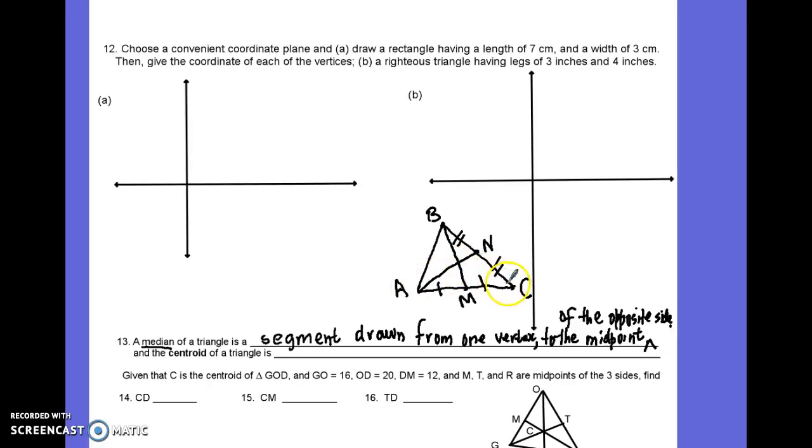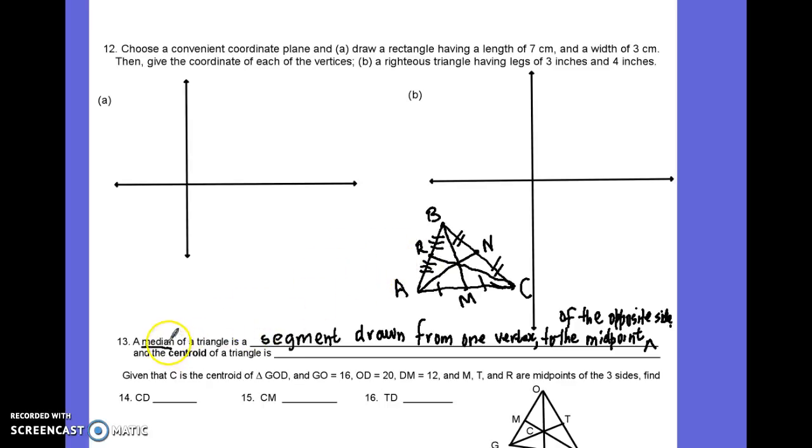And finally, we could draw one from vertex C, and they do intersect, to midpoint R. So these are the three medians.